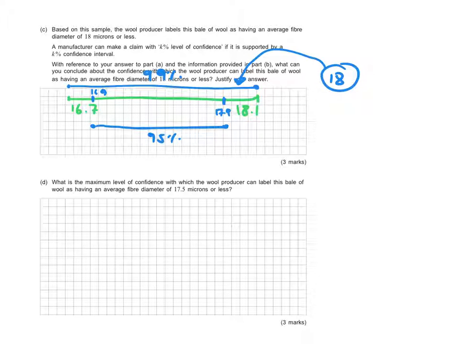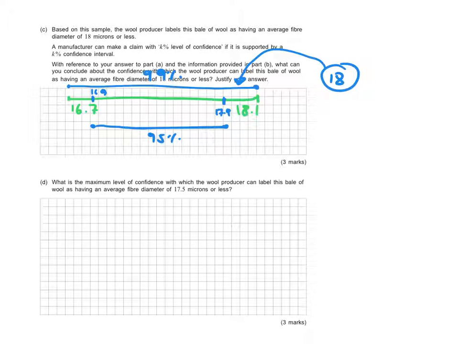So 18 is just outside the 95% confidence interval. And this confidence interval can be claimed because now we are certain that it's going to lie below 18, so the diameter is less than 18 microns. So hopefully this makes sense.